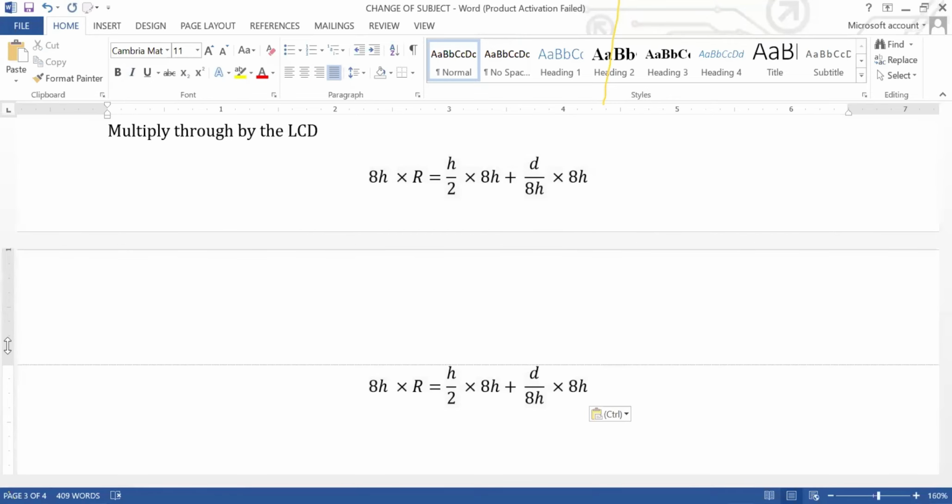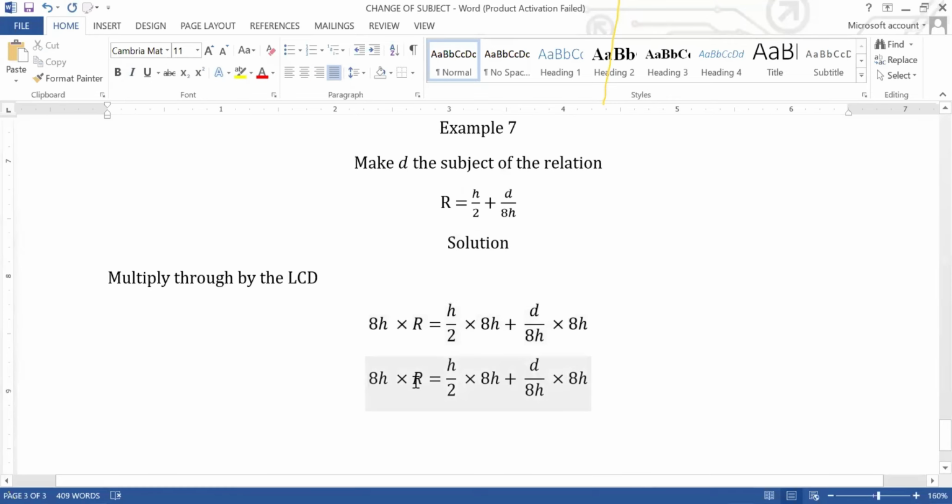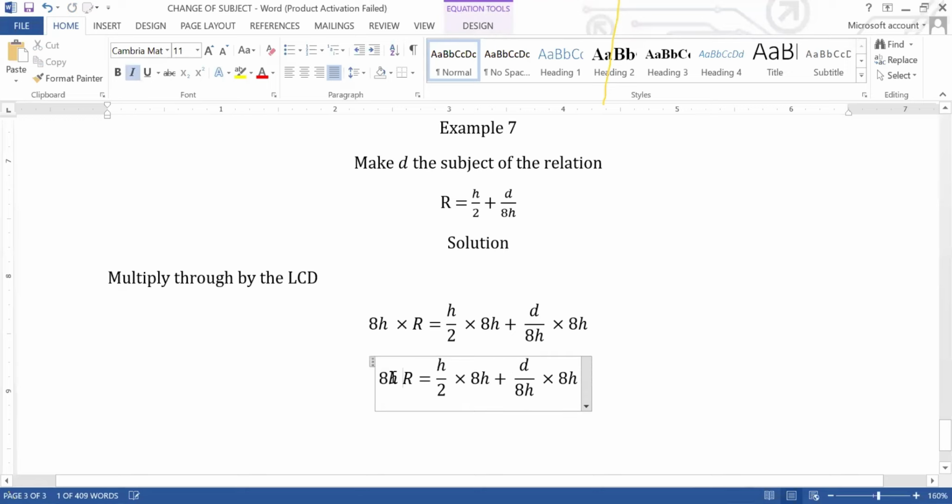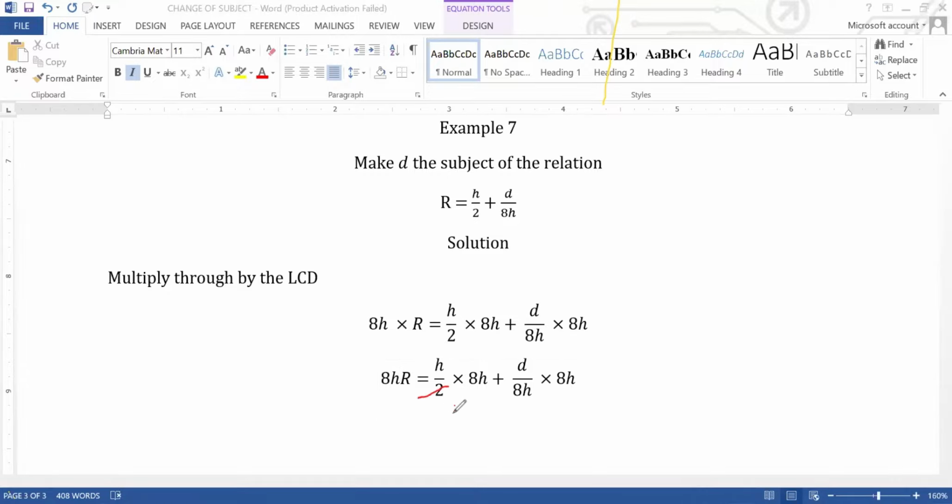So I'll have 8hr, multiplied by these two cancel, solve 1 and cancel this 8, 4 times. So I have 4h squared. Remember, 4h squared, all right, for that side.